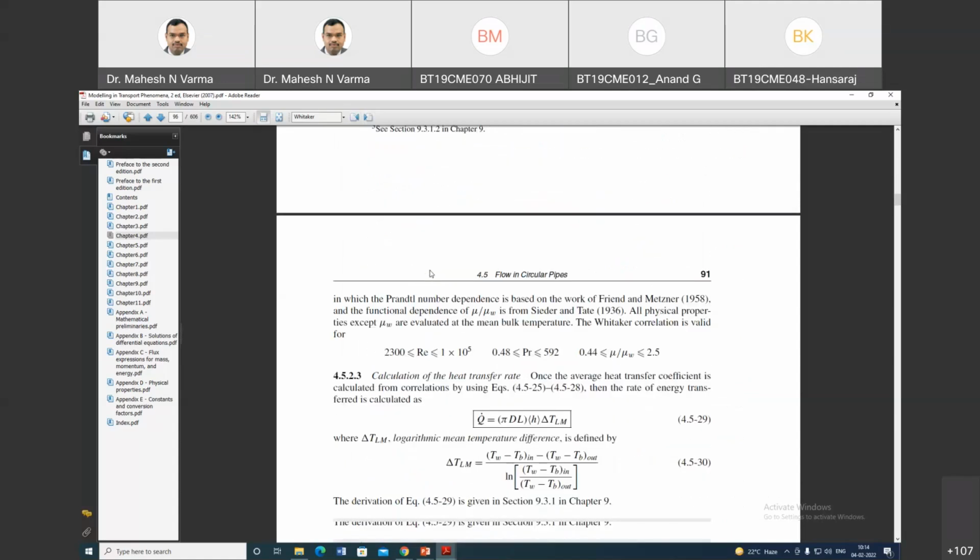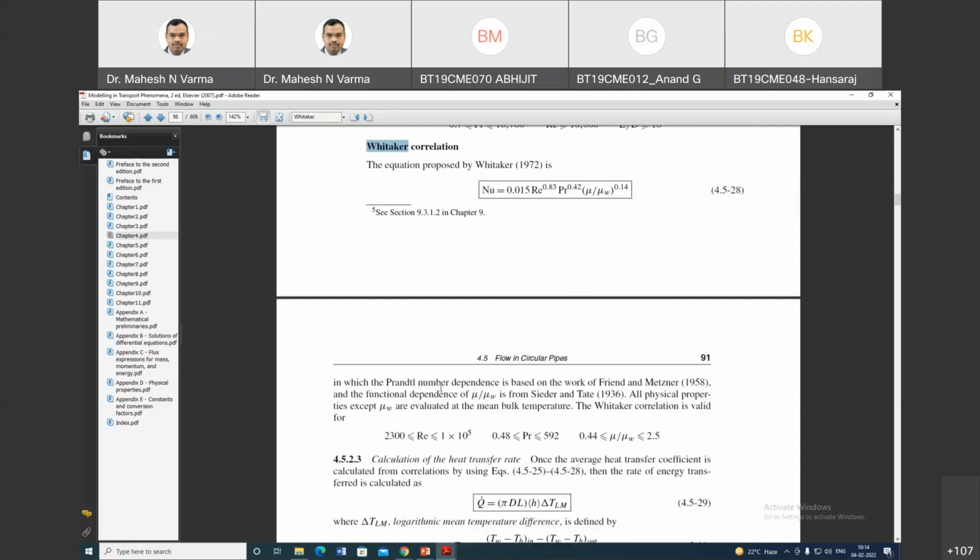Almost he has given for everything: flow over a sphere, flow normal to a single cylinder, flow through a pipe. The same Whitaker gave correlations in the same paper, but these correlations are different. So this is also called a Whitaker correlation.